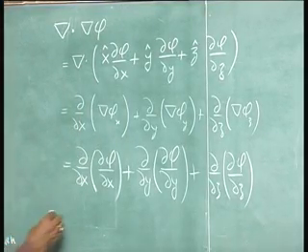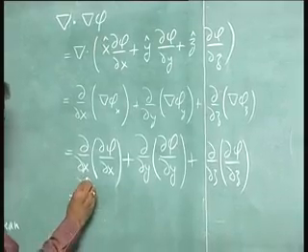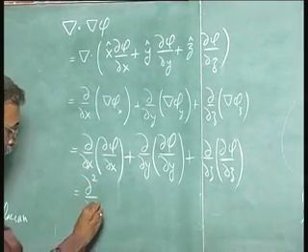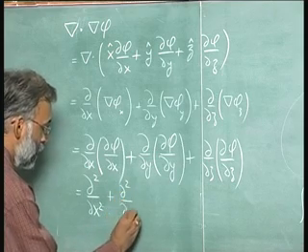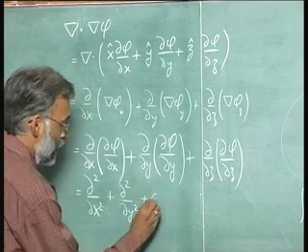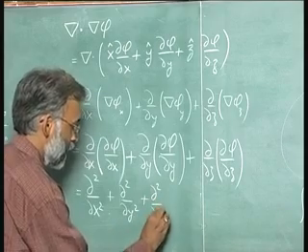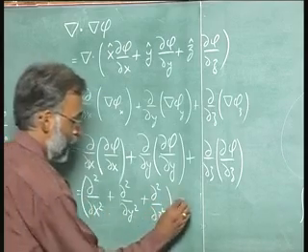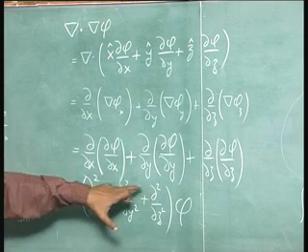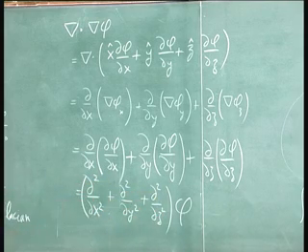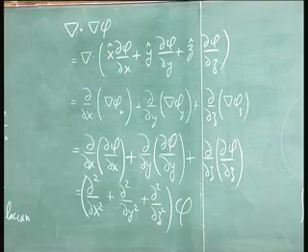So, you can see it takes a very simple form: second partial derivative with respect to x plus second partial derivative with respect to y plus second partial derivative with respect to z acting on phi. And because of this squared operator, it is denoted as del squared phi.